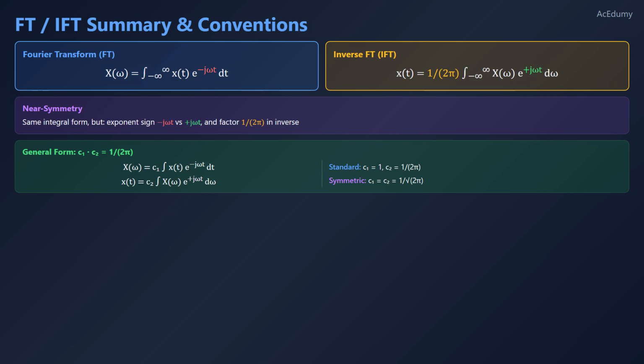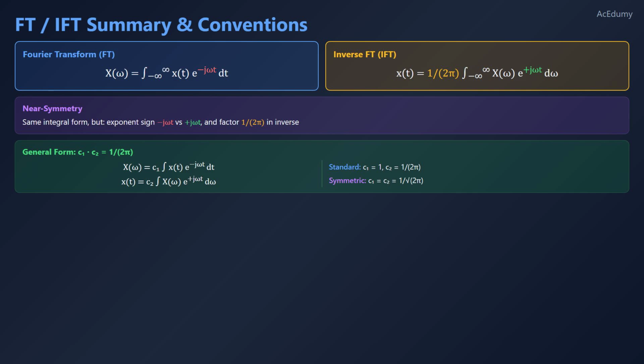Notice the beautiful near symmetry. Both are integrals of the same form, but with opposite exponent signs and a factor of 1 over 2π in the inverse. In general, we can define the pair with constants c1 and c2, where c1 times c2 must equal 1 over 2π.